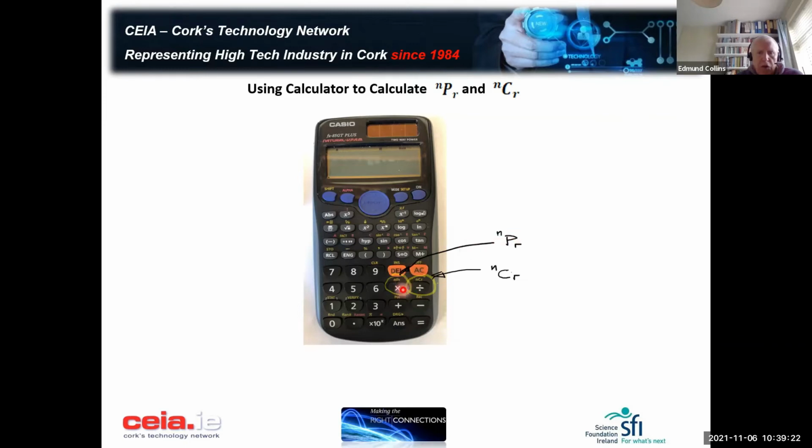If you're working with permutation, you do the same thing, n first, then whatever n is, 6, hit the key here, and you'll get a P coming up, and then you enter r, if it was 2, whatever, then you press equal. So very important to be familiar with that, because it'll save you a bit of work when you're doing nCr calculations. Certainly don't want to be going back to the formula for calculating it out. So calculator will be the way to go.